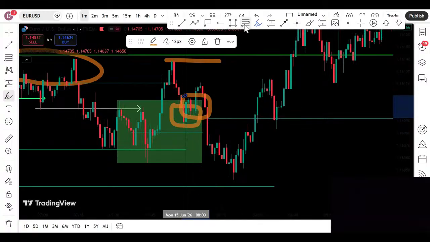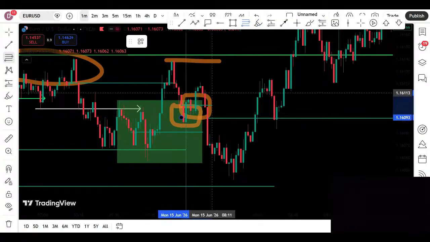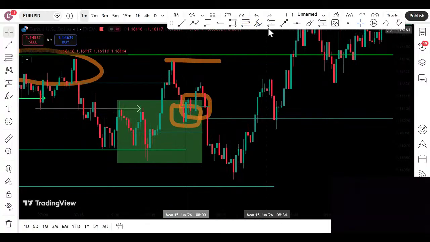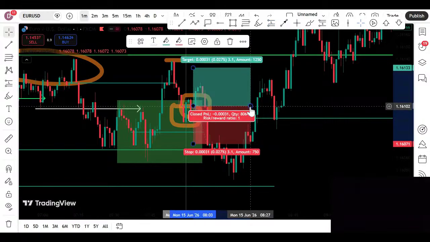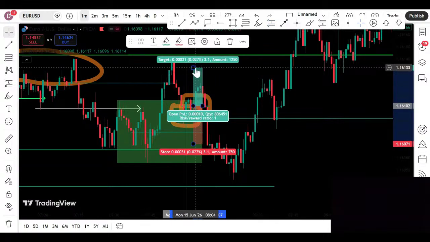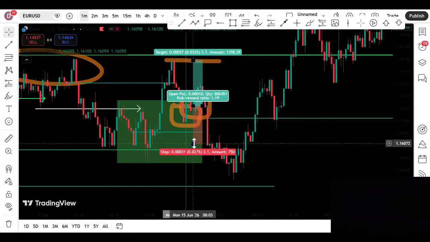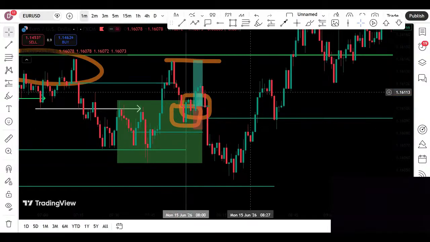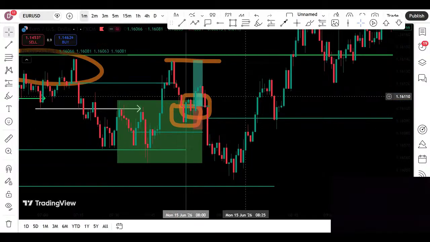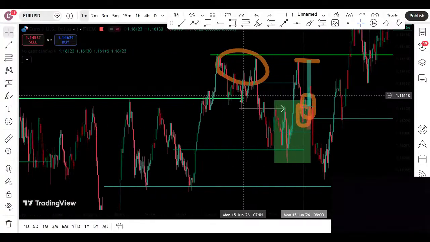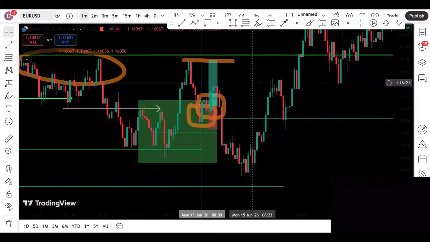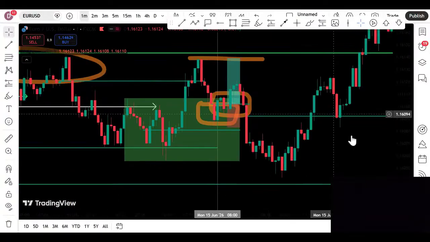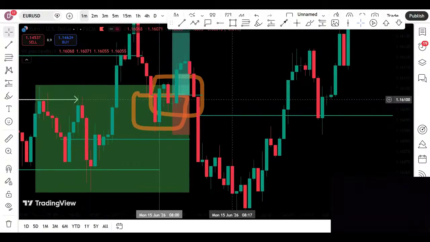So most probably you were trading around here, maybe taking a long around this high. But it could have been a late move because you can see that we have a really close above here.